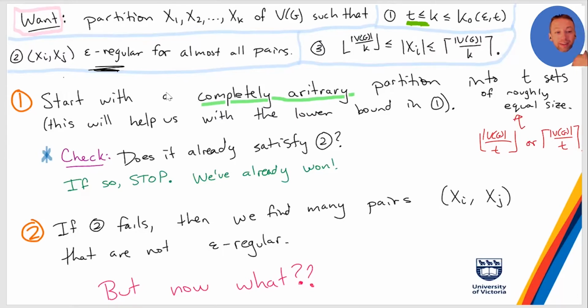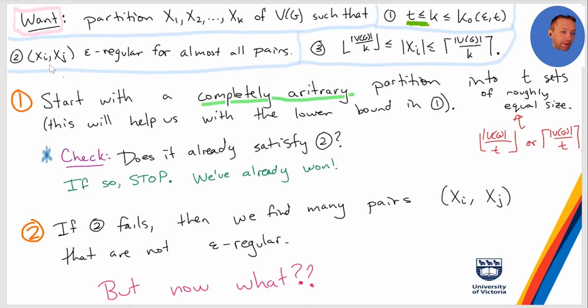That's a silly case to consider, but you may as well stop if it already satisfies the conditions. Now we assume that the second condition fails, which means that in my arbitrary partition I've got a lot of pairs which are not epsilon regular.